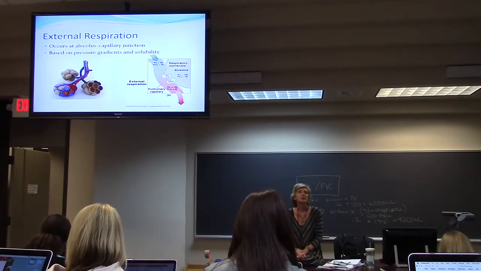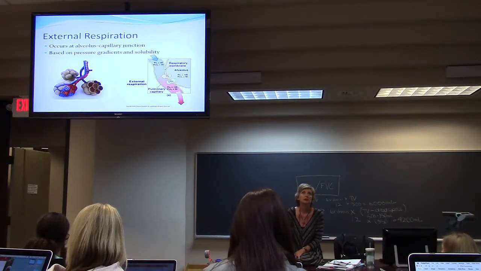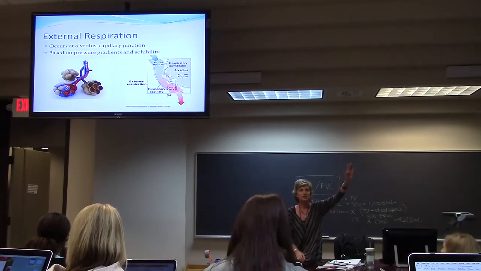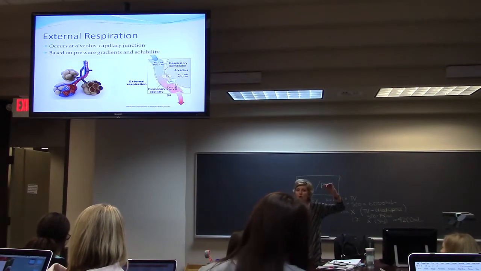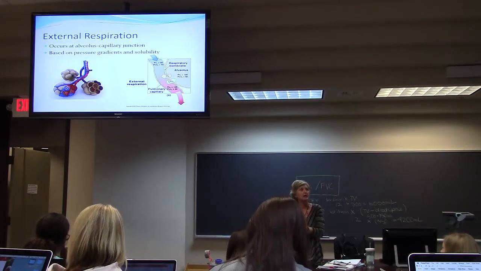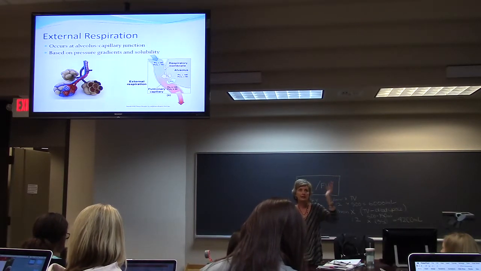So if you look at this respiratory membrane here, the pressure of oxygen in the alveolus is around, say, 100, and the partial pressure of carbon dioxide is around 40. And so it's just diffusion. You see deoxygenated or low oxygen blood coming through that capillary, and at a certain point, the exchange will occur and change the partial pressures.